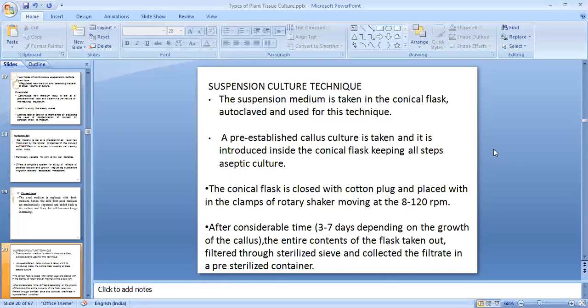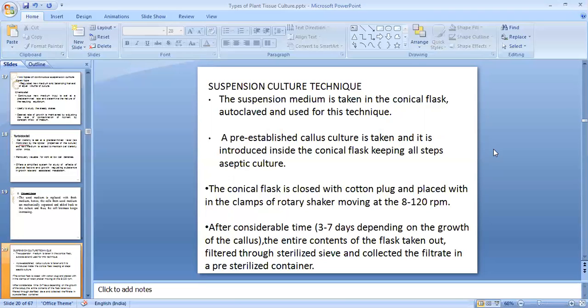From the pre-established callus, a specified weight should be taken and introduced into the conical flask, and the conical flask should be closed with a cotton plug and placed in the clamps of the rotary shaker, which moves at the speed of 80 to 120 rotations per minute. Whatever transferring or aseptic work you are doing, everything should be done in an aseptic manner.